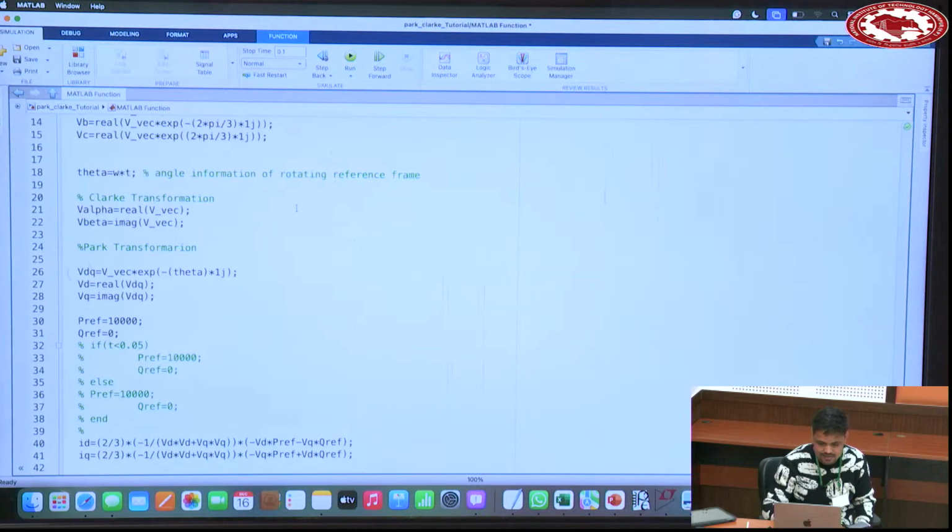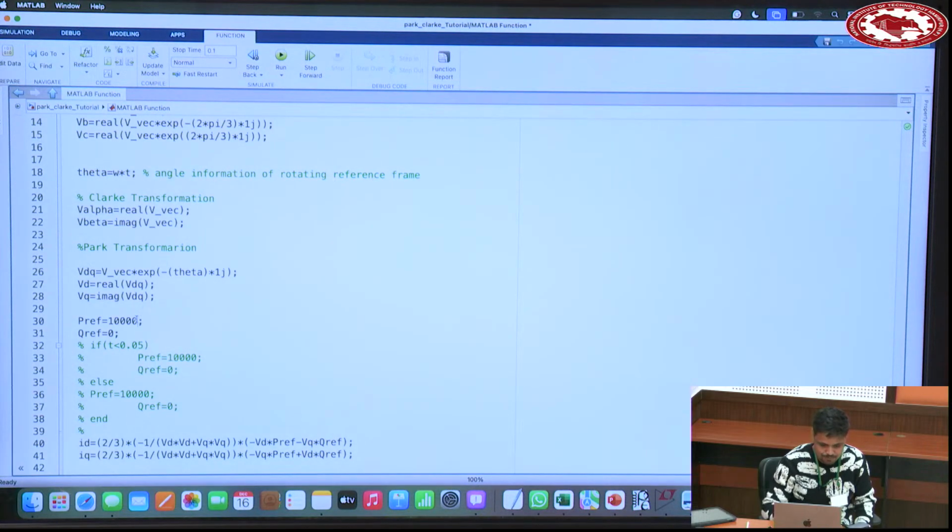Yellow one is ID, blue one is IQ. ID is 0, it should be, because Q is 0. And IQ is having some magnitude. Now I am doing reverse. I am making P 0, Q 10,000.